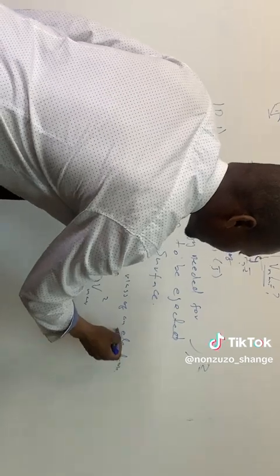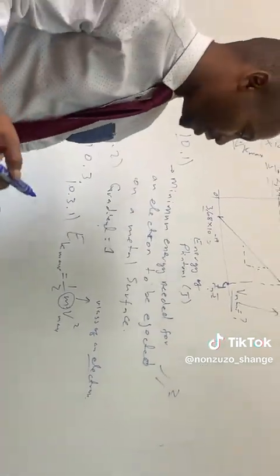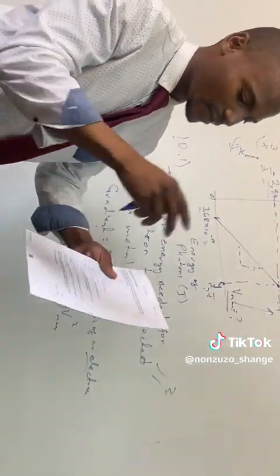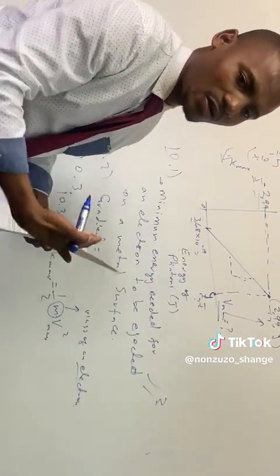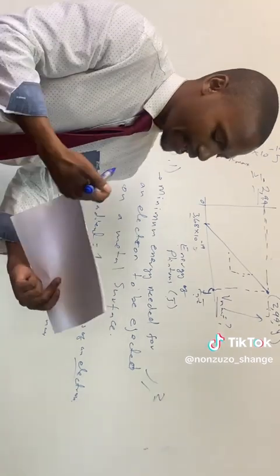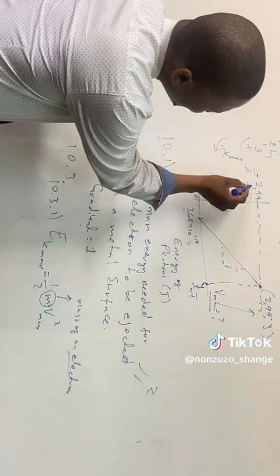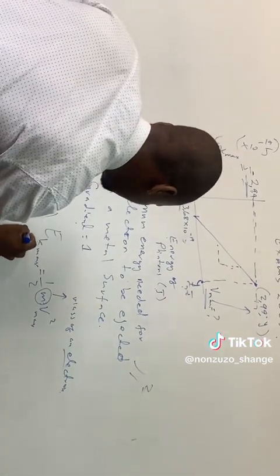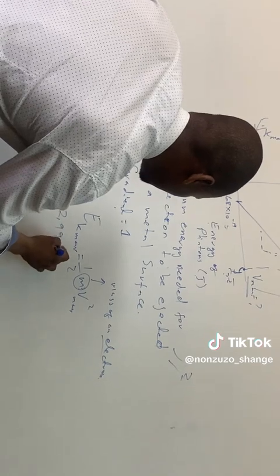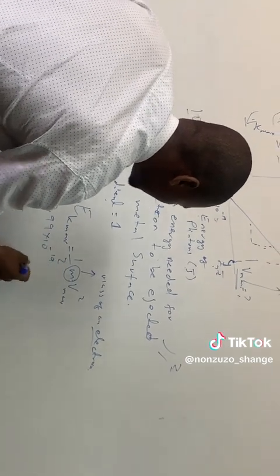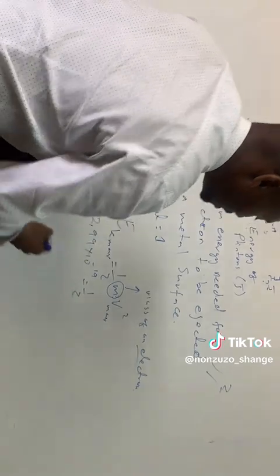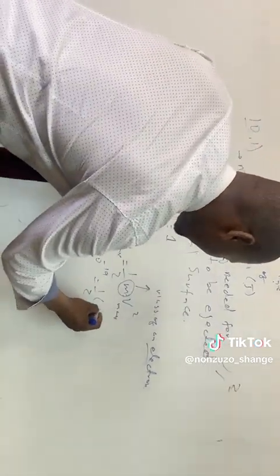Let's substitute. The maximum kinetic energy is 2.99 times 10 to the power minus 19 equals half, and then the mass is 9.11 times 10 to the power minus 31, times v max squared.